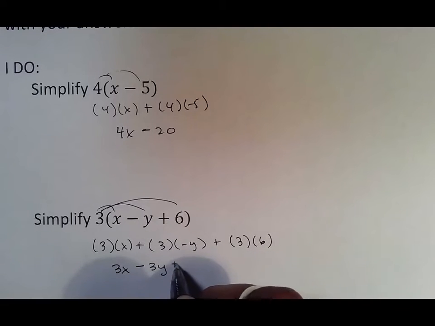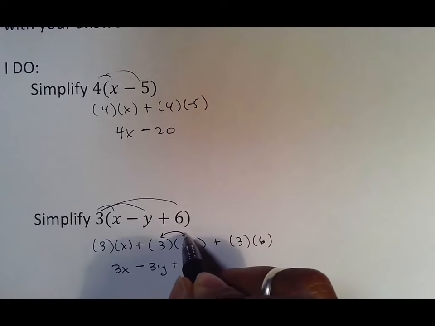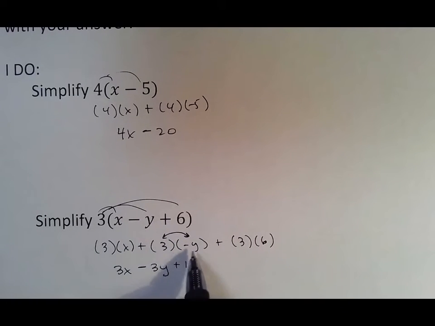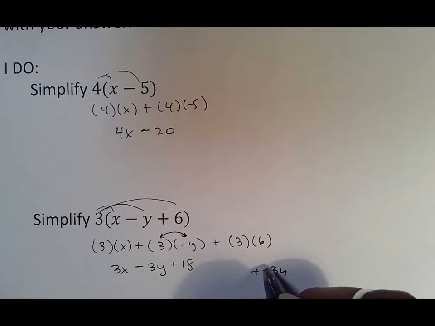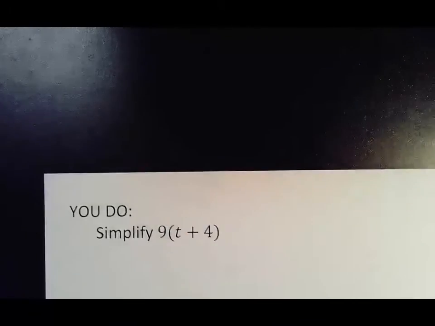Both of the signs are positive here. 3 times 6 is just 18, and that's what we end up with. So the new thing of today is whenever you have a negative times a positive, it actually ends up being a negative answer. Do not put plus a negative. Don't put plus negative 3y. You never want to put 2 signs together, but just make sure that you understand that as we go.